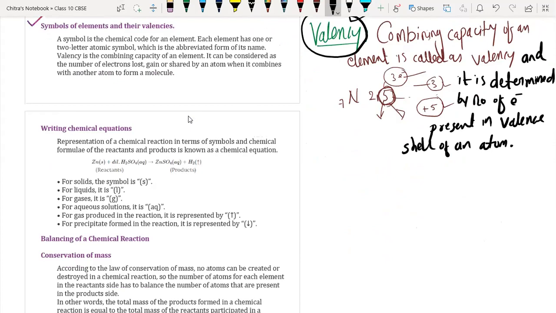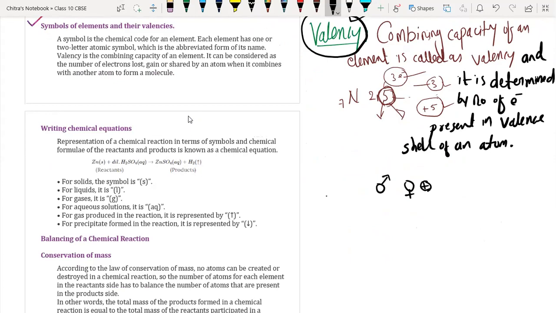See, when elements were discovered in old times, some symbols were being used. Some elements were represented by this type of symbol, some by like this.